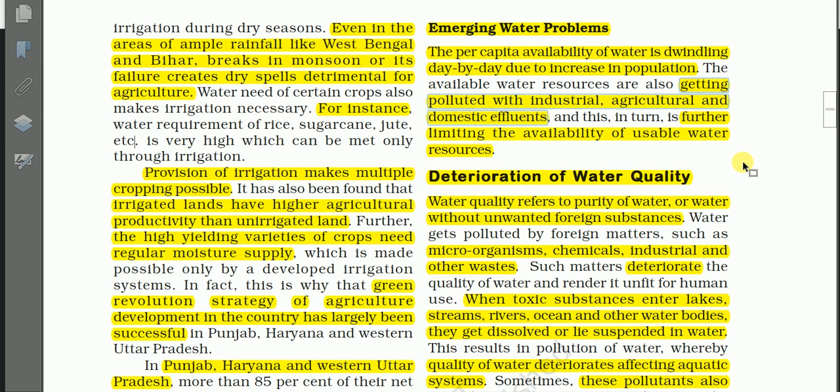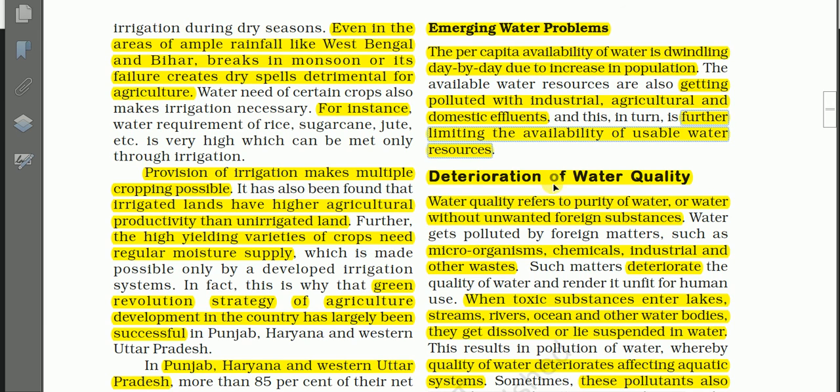Because of this, the surface water as well as the groundwater is polluted, and this in turn is further limiting the availability of usable water resources. When the water resources are polluted, the availability of usable water is limited, because polluted water we cannot use, as you know. So this is the emerging water problem in India.